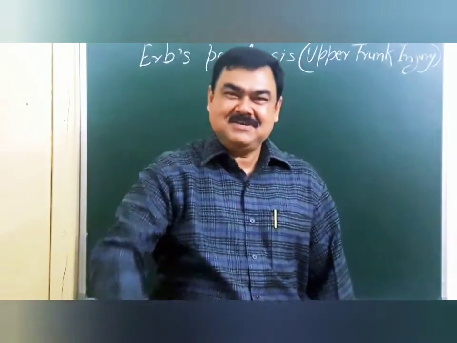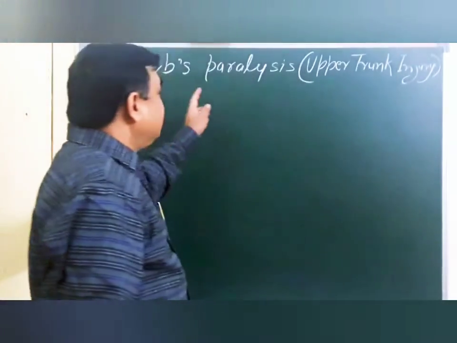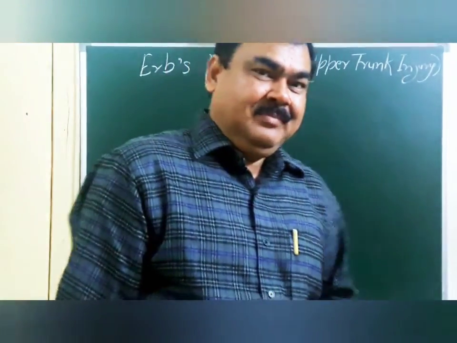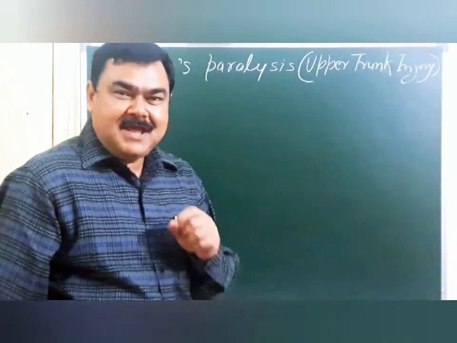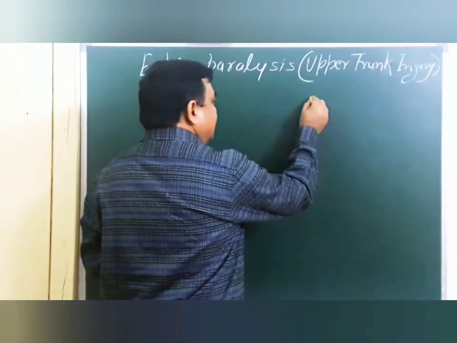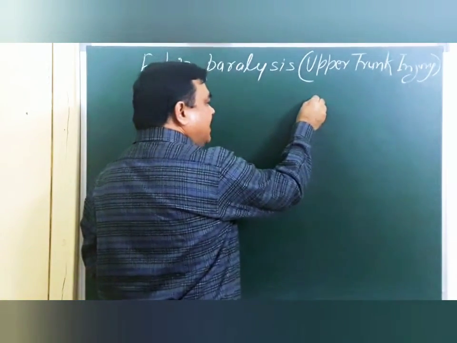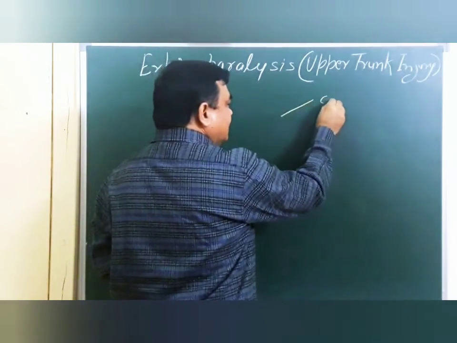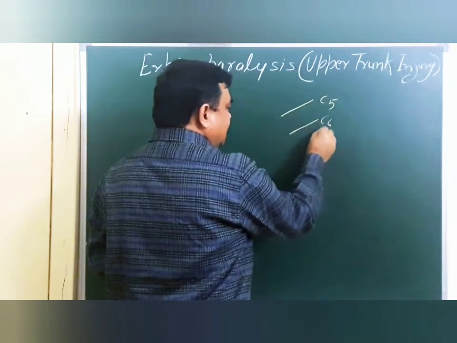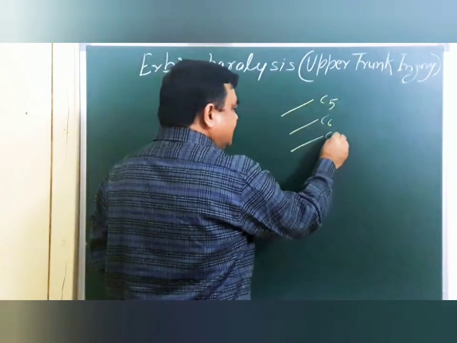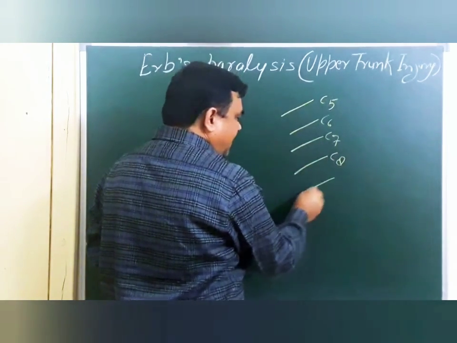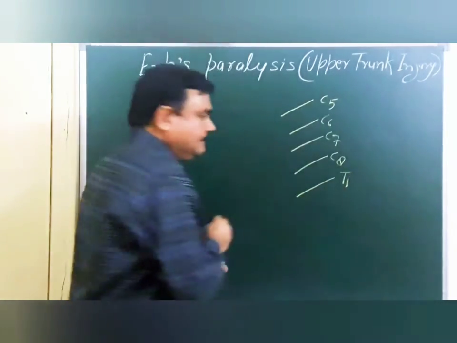Now we'll discuss Erb's palsy or upper trunk injury. First of all, we make a diagram of the brachial plexus. Here is ventral rami of C5, ventral rami of C6, ventral rami of C7, ventral rami of C8, ventral rami of T1.